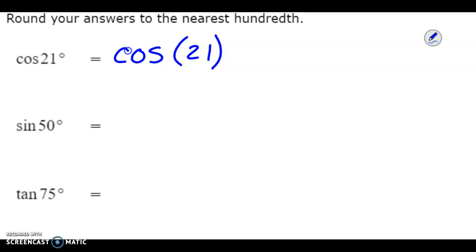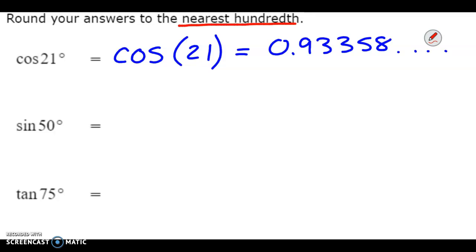Not all calculators actually close that for you, so you're going to hit the other parenthesis button. And you're going to end up with a big long decimal, 0.93358, and on and on and on. Okay, they want us to the nearest hundredth, which is that second value. Okay, the 3 does not round the first 3 up. You're done at 0.93. That's rounded to the nearest hundredth.